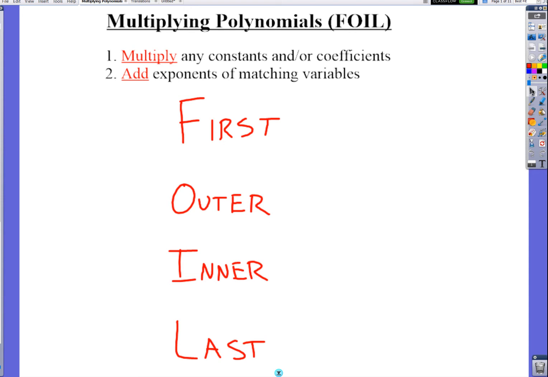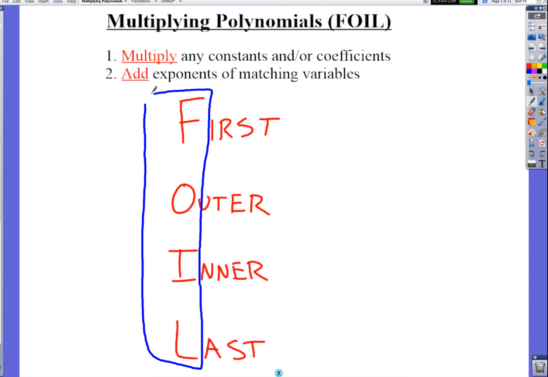And then you're also going to have to learn how to multiply several terms with several terms. That's where this little acronym comes in. If you've heard of FOIL before, have you been taught FOIL? Yes. As in any other acronym, those words have a meaning.